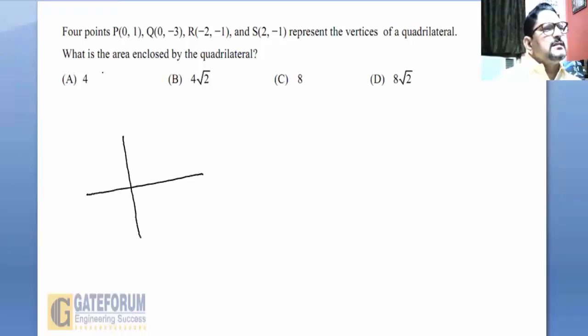In this coordinate system, (0, 1) would be somewhere here. (0, -3) would be somewhere on this side.